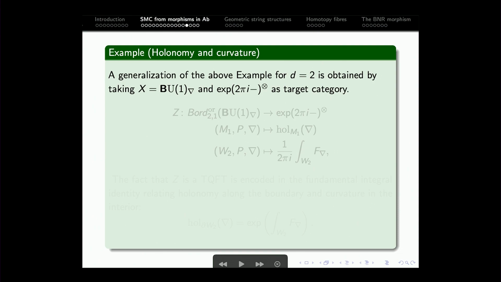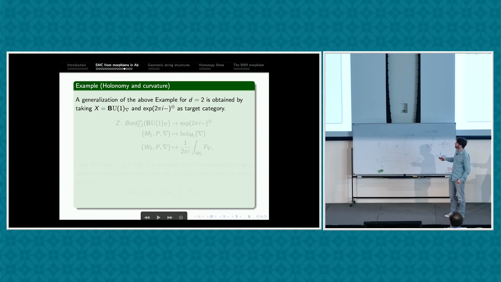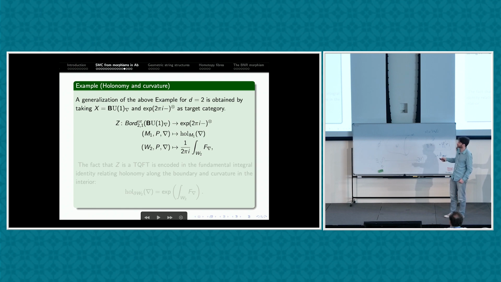So this means now that objects are elements in U1 and morphisms are elements in R. My object will be one manifold together with a principal U1 bundle with connection, and I associate to them the holonomy of the connection. And my morphism will be two manifolds, again with a U1 bundle with connection, and I want to associate to this a real number. And I associate the integral of the curvature.